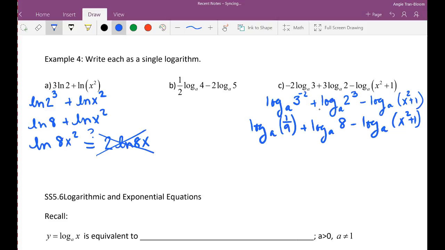What should we do next? When you have addition and subtraction, should we go out of order? No, you should go from left to right. Okay, so left to right it is. The first two, addition, what would those become? Multiplication. So you have log base A of 1/9 times 8. Okay, drop down your log base A of x squared plus 1.